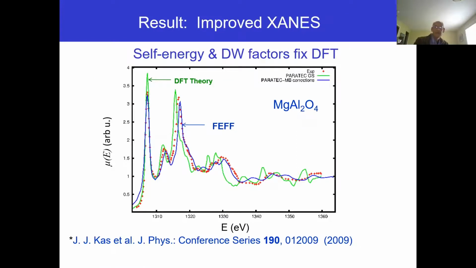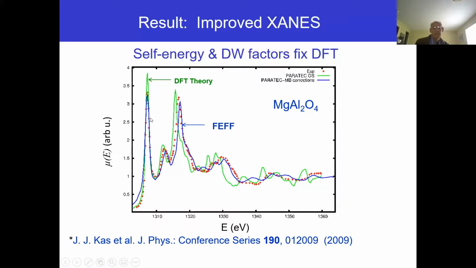Okay, so what does this do? We did a comparison with the DFT code. It's called PARATEC, a code by Delphine Cabaret and others in Paris. We wanted to compare DFT, this is our standard theory, with the FEFF code that has the self-energy, and experiments, the red crosses.